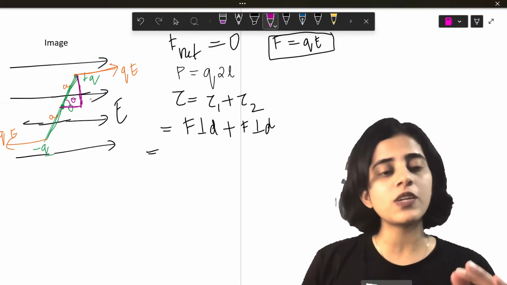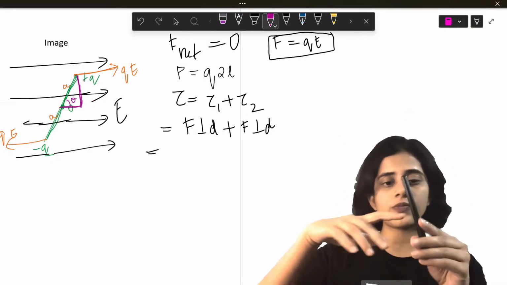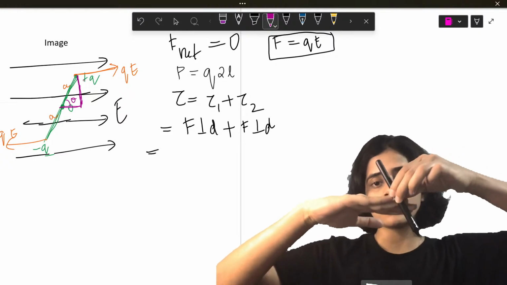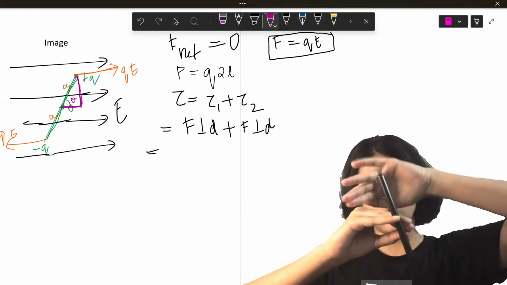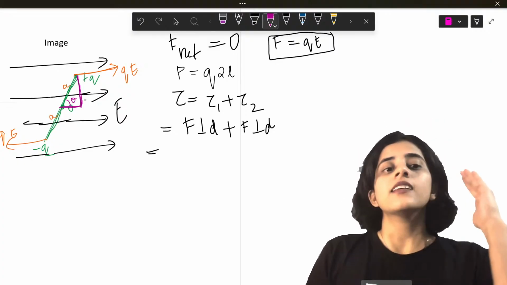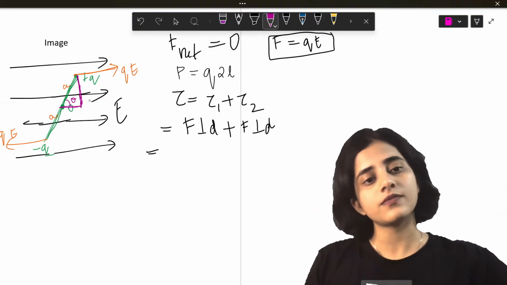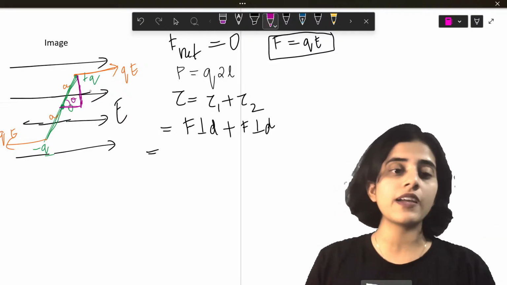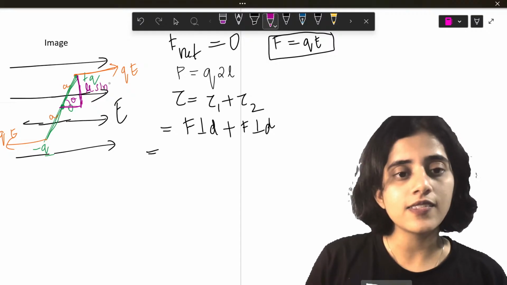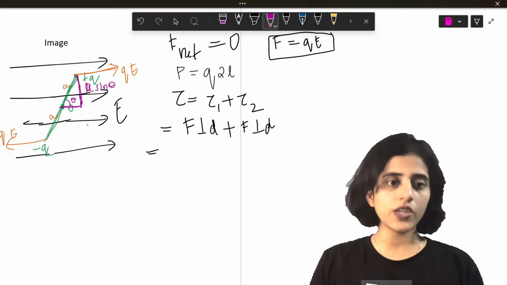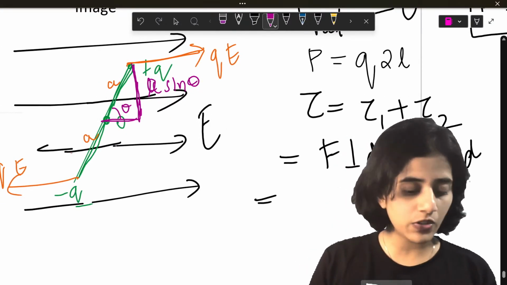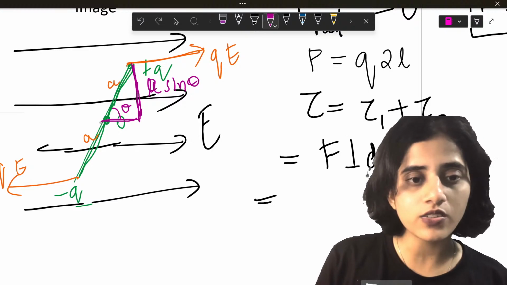And this theta is going to be equal to what? This is the electric field, this is the dipole, and it's going to rotate like this. If I want to find this perpendicular distance, which is this line, I have to look at the opposite side. Sine theta is opposite by hypotenuse. So the opposite side will be A sine theta. Now the same thing I will do for the other side.